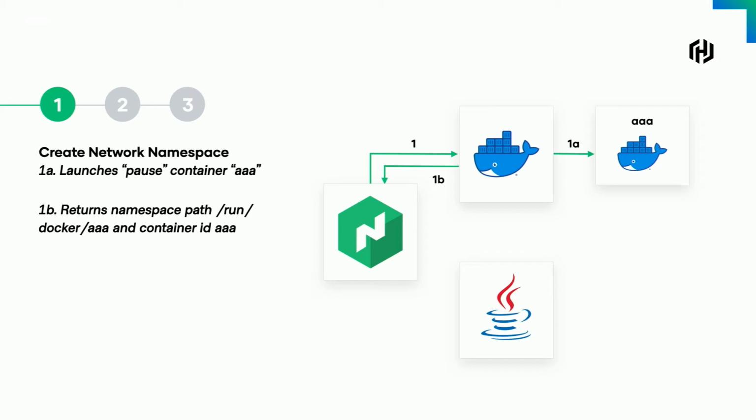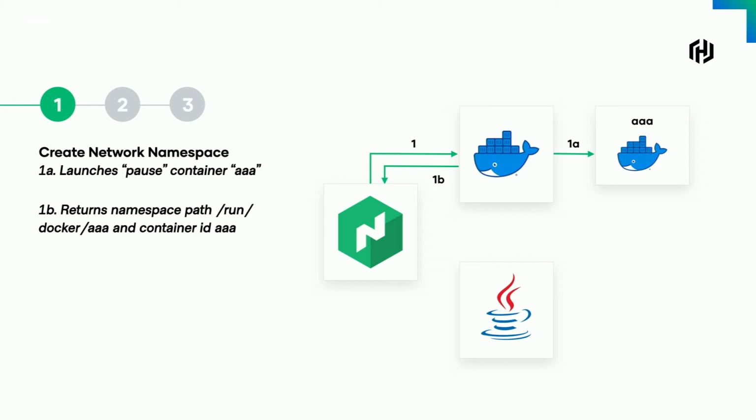But for Docker, unfortunately, Docker doesn't let you give it a network namespace file descriptor directly. Our only option is to create a container that's the parent of the network namespace, and then set the network mode such that it's inheriting the network namespace of another container.